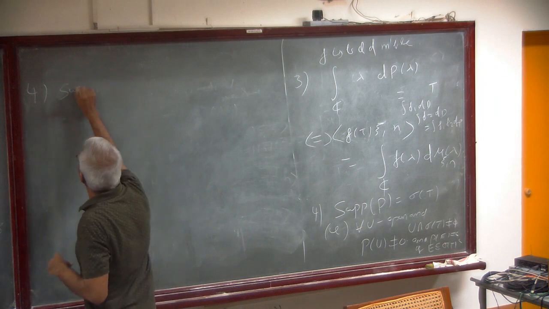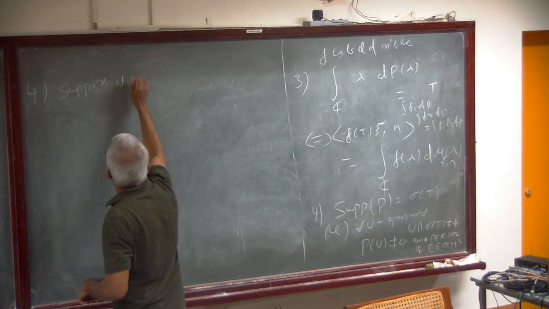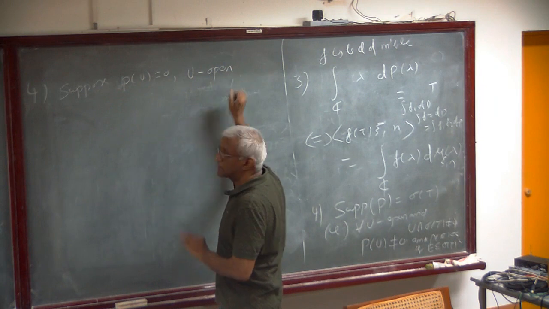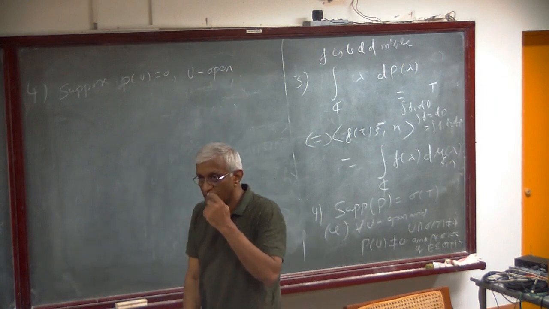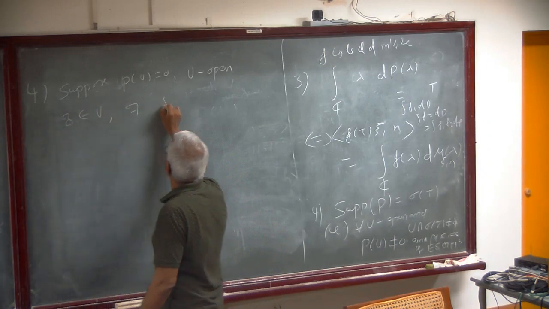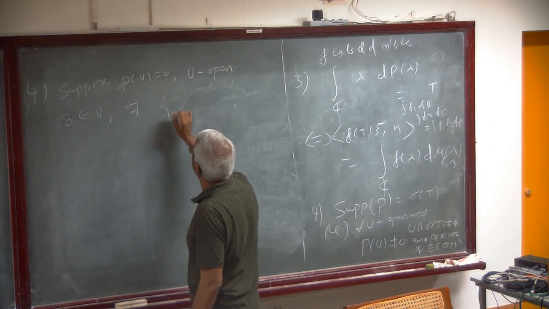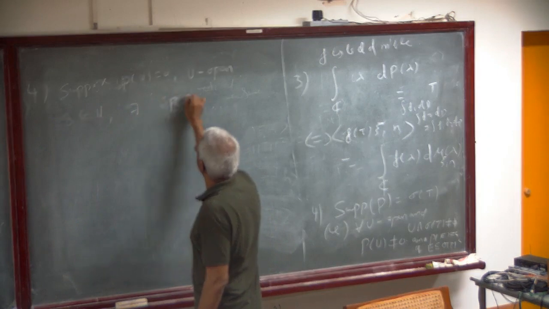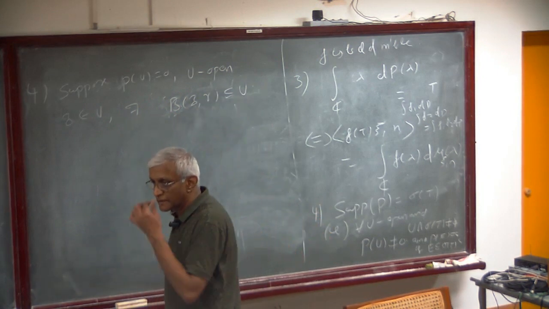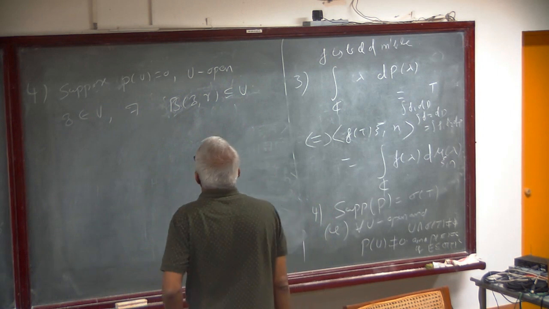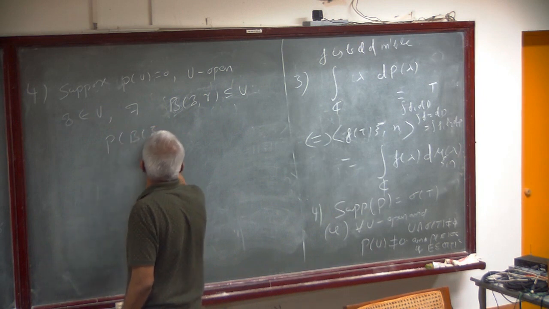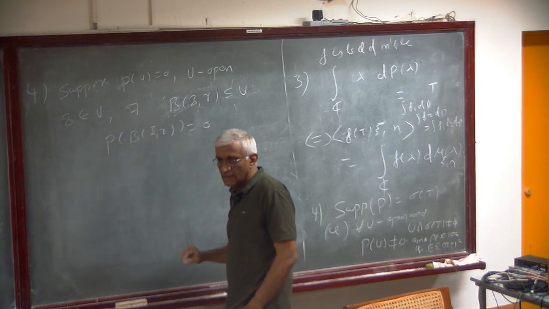Suppose P of U equals 0, U open. Then we prove that the intersection with sigma T is empty. If z is in U, then there exists an open ball D of z, r contained in U. And of course, P of that open ball is also 0 because it is a subset of a set with measure 0, right?